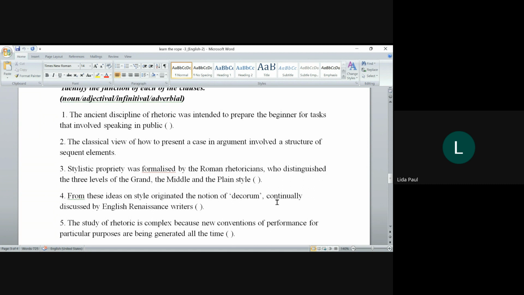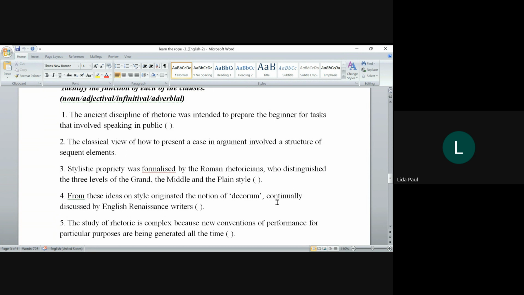But let me check this one. "Classical view of how..." You can't throw that part out. If it's a subordinate clause, it should also be replaceable. If you take "to present a case in argument" out of that sentence and try to fit in something else in its place, it will be ungrammatical, right?